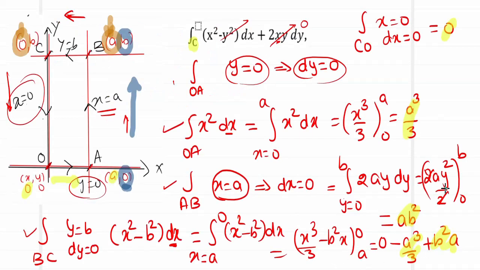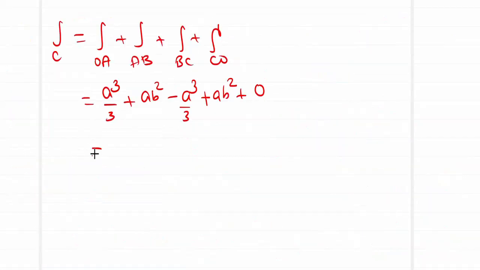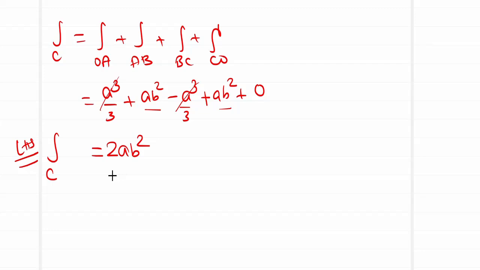So we have added all four parts of my closed curve C. My left hand side of Green's theorem lands up with a cube and minus a cube cancelling off, and ab square plus ab square makes 2ab square. So my left hand side of Green's theorem gives me the value 2ab square.